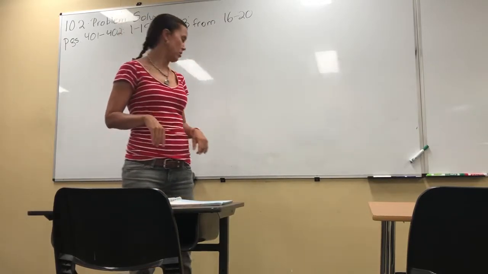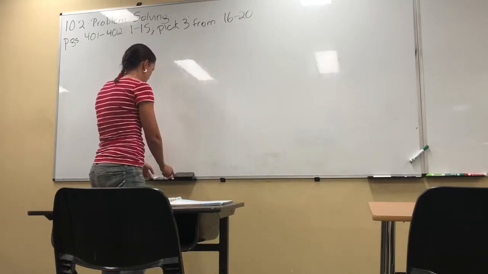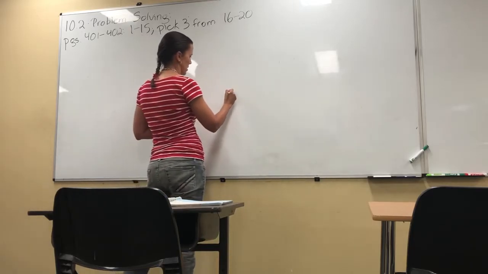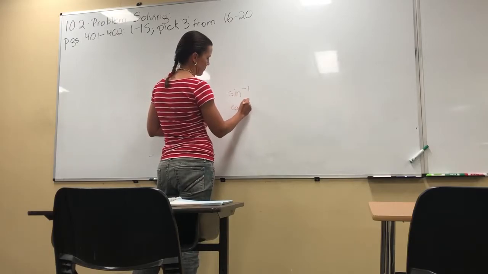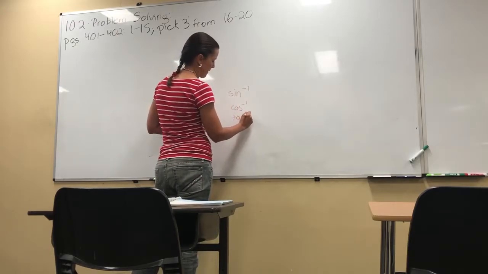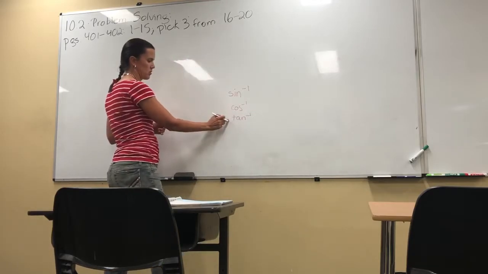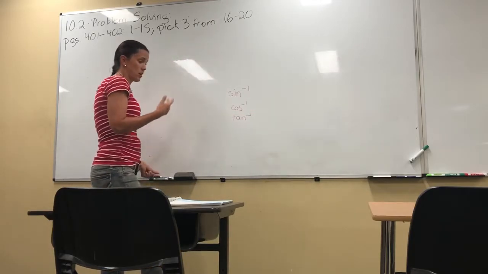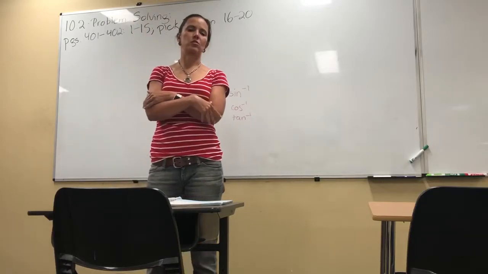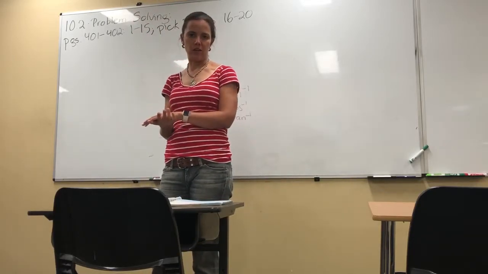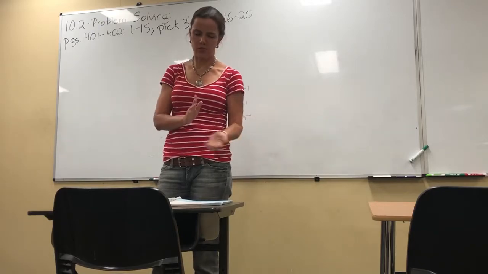On your calculator, they are going to appear like this: arcsine, arccosine, arctangent. And you can enter that into your calculator. Basically you're doing the reverse of what you're doing when you have an angle and you're finding the sine. You have the sine and you're finding the angle.